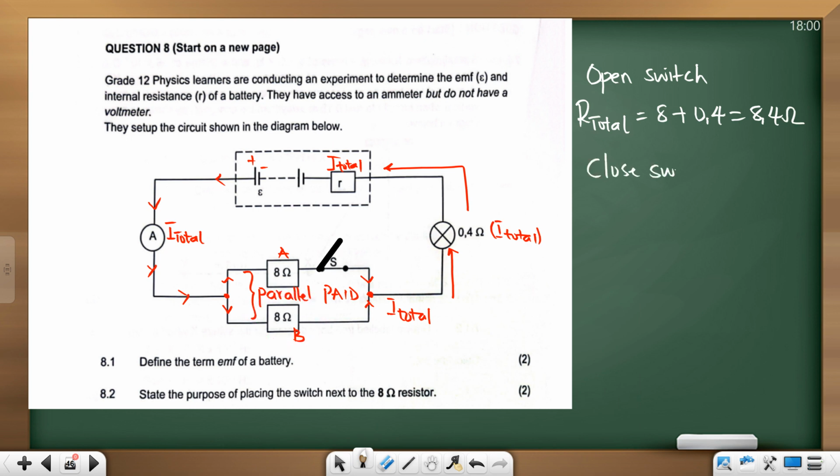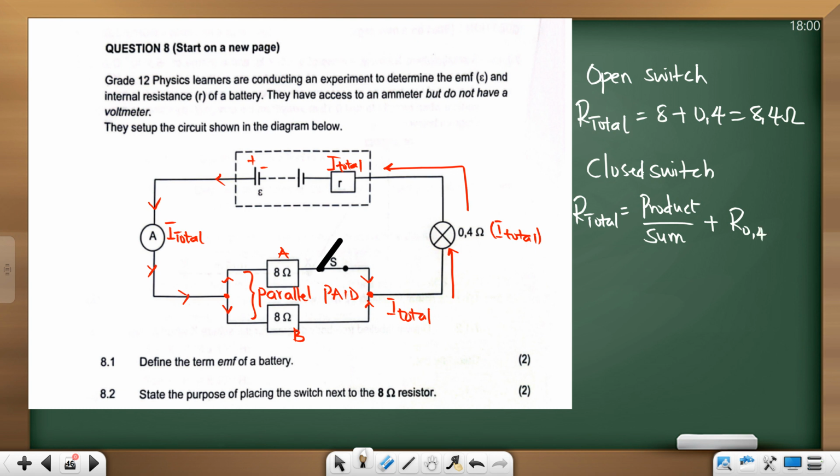Closed switch. What do you notice? Those two are now connected in what? Parallel. How to calculate the total resistance in parallel? If there are two of them, we can just say product over sum, or we use our normal 1 over R. So can I say that R total will be product over sum, plus R0.4?